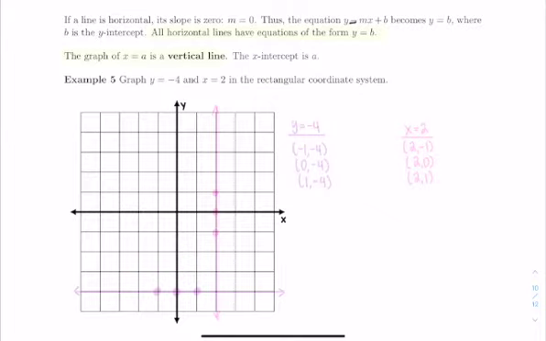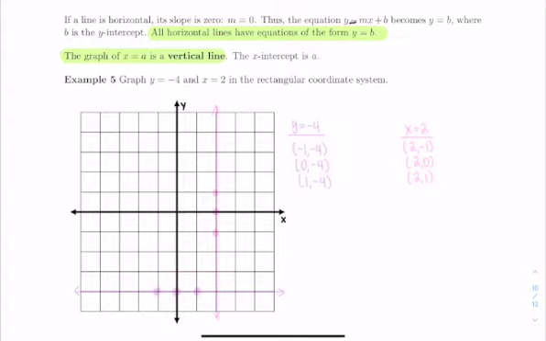So all horizontal lines will have equations of the form y equals b. So there's no x present in the equation, it's only y and a number. The graph of x equals a is a vertical line where the x-intercept is a. So in this case, there's no y present in the equation and it's only x and a number.